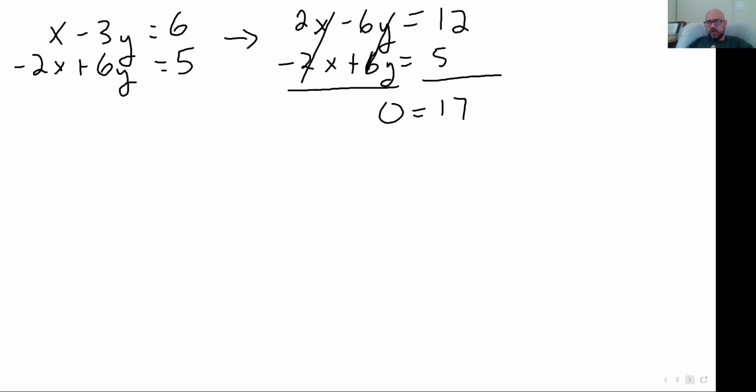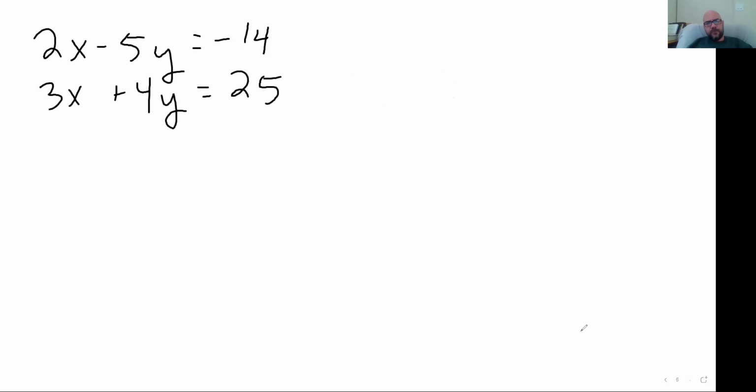And you might notice that it's not obvious what you can multiply by here, right? And so what you end up having to do is multiply both equations. And so the easiest way to do this that I know of is to find the least common multiple, which is just like least common denominator, but without fractions, of either the x's or the y's, and turn both things into that.